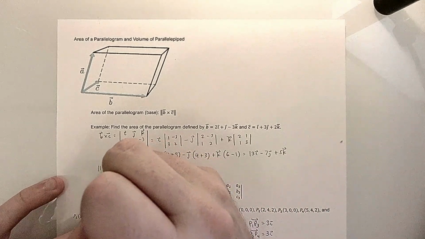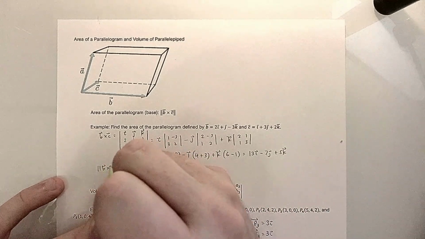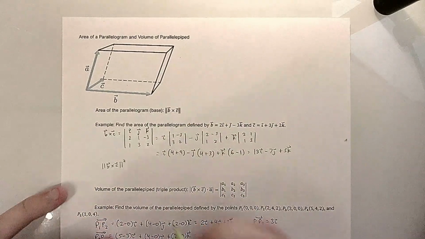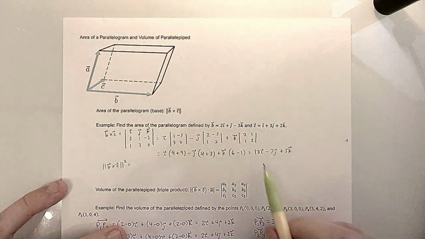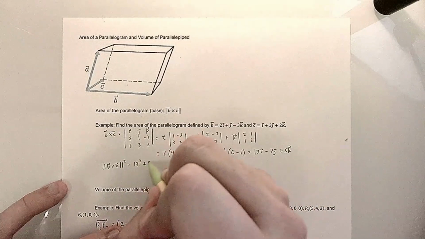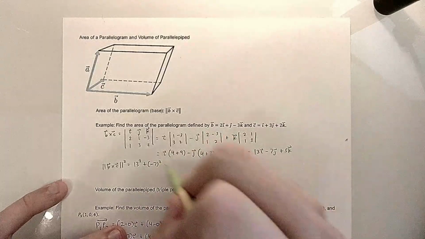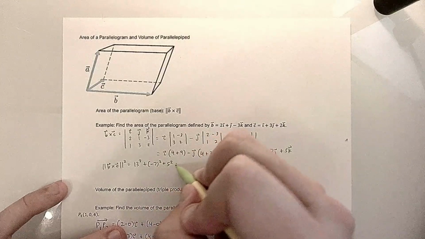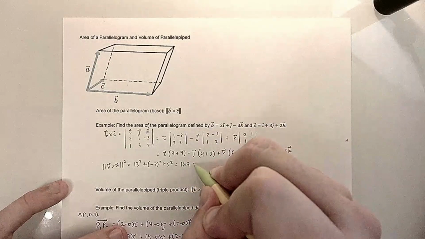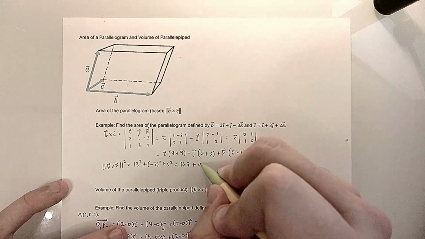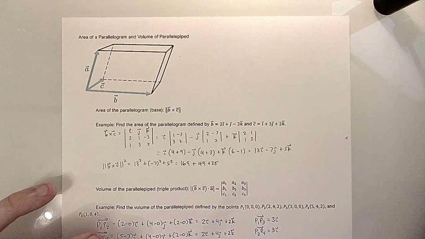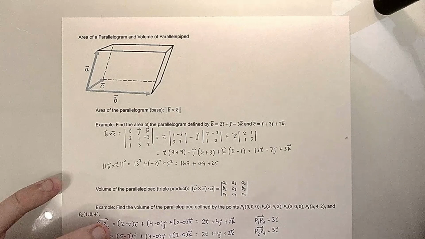So what's the area? Well, we've got to find the magnitude. And I always start with the magnitude squared. It just makes it a lot easier. We can just square each of these components. So we get 13 squared plus negative 7 squared plus 5 squared. Well, 13 squared is 169 plus 49 plus 25. Now I had to grab my calculator quick and work this out.